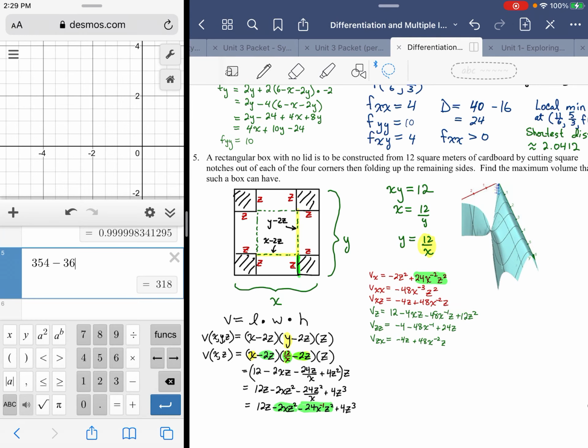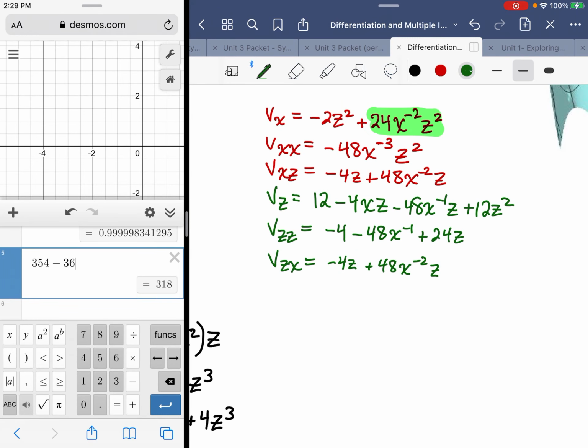Okay, so we have v sub x needs to be set equal to 0, and v sub z needs to be set equal to 0. So I'll get rid of the highlighting here.